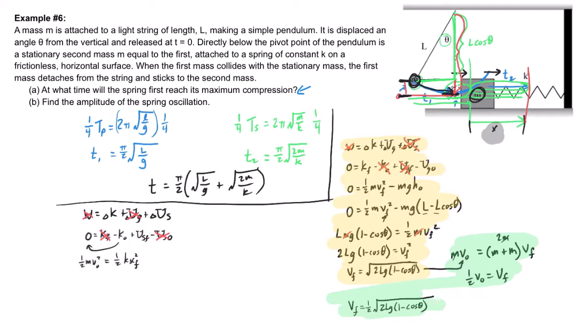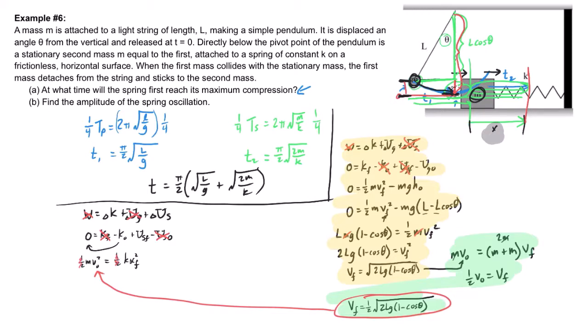We'll go ahead and take out those 1/2s because we'll just multiply both sides by 2. And then we're going to take our final velocity here from the collision, because that was the final velocity after the collision. And we're going to go ahead and put that right inside my velocity right here.